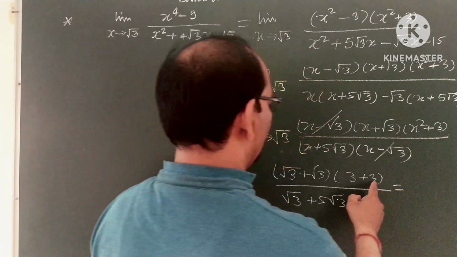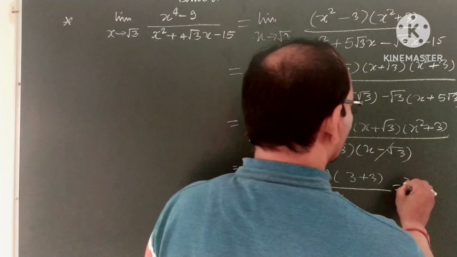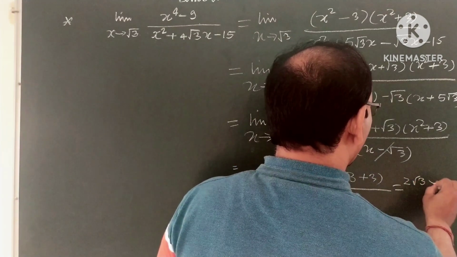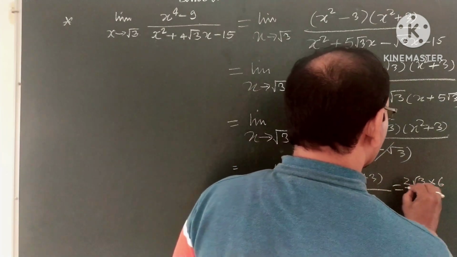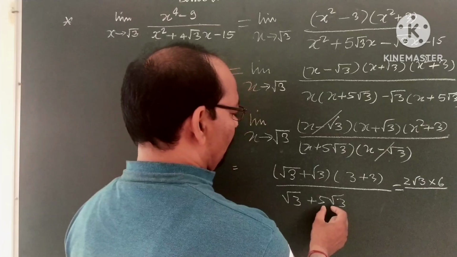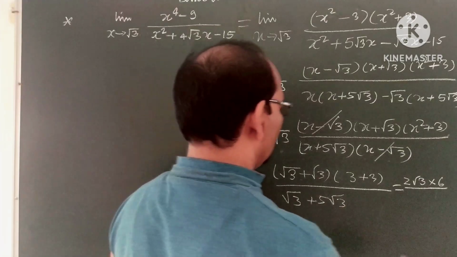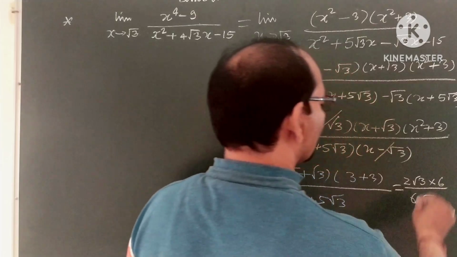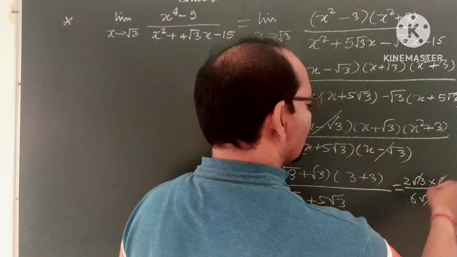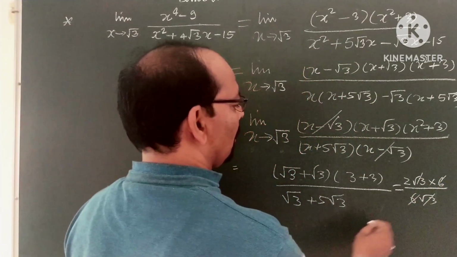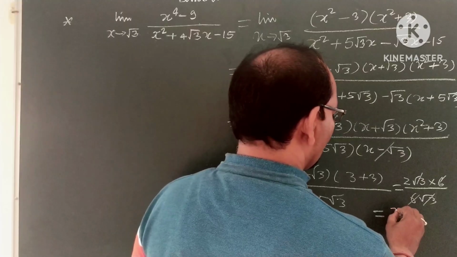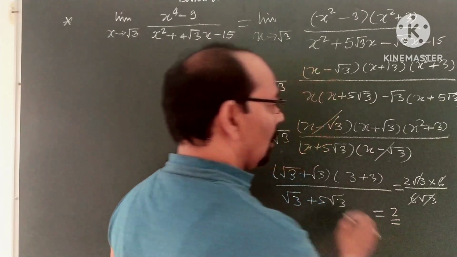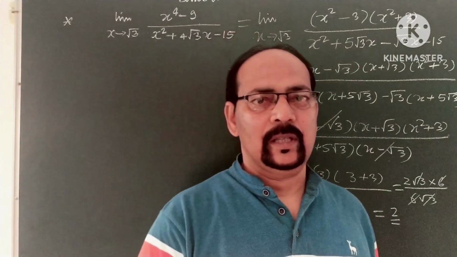After that, there will be 2 root 3 into 6 and 5 root 3 plus root 3, 6 root 3. This and this cancel, this and this also cancel. Therefore, 2 is the limit of this function.